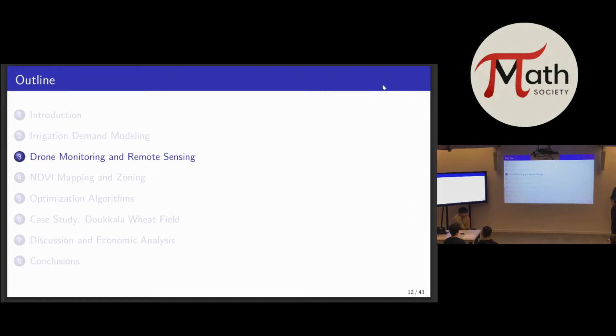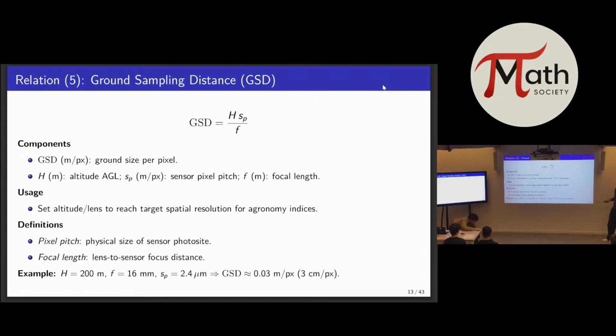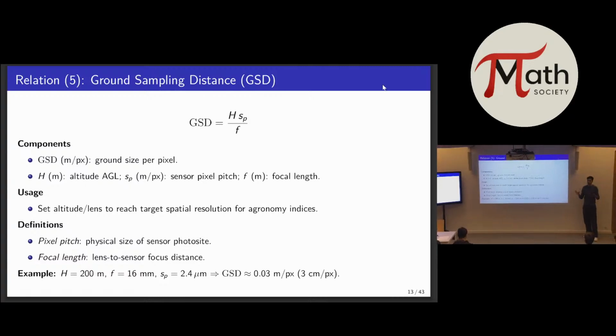So now moving into the technological mathematics, starting with the ground sampling distance. The use of this relation is to set an altitude to reach the target spatial resolution for agronomic indices. We're using this formula so that the drone can differentiate different areas of the field.